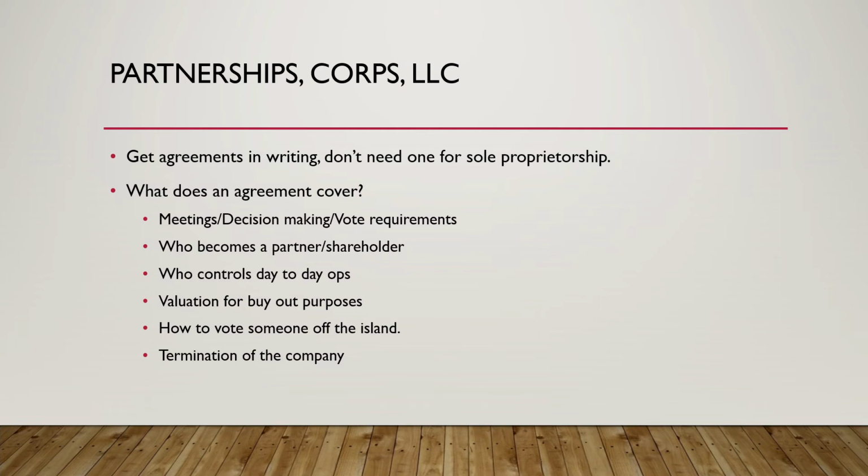Your partnership agreements or your bylaws, whatever you want to call them, will govern how a person becomes a partner or a shareholder in that venture, who controls the day-to-day operations. And, you know, it's easy to get in business.